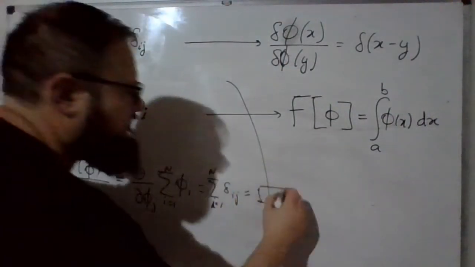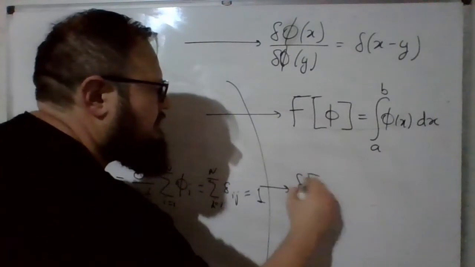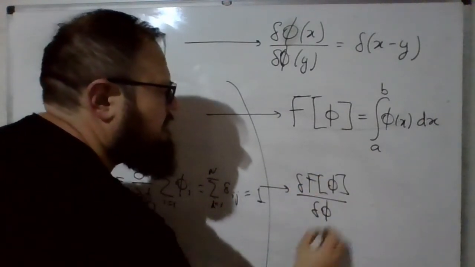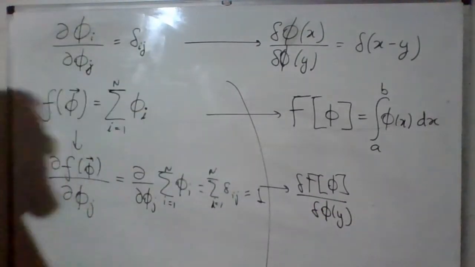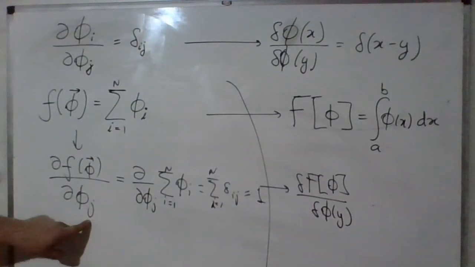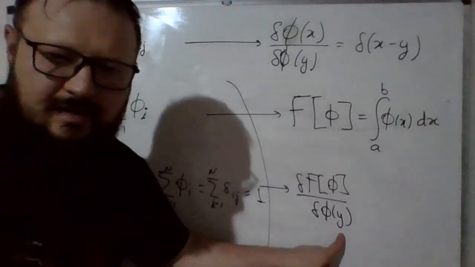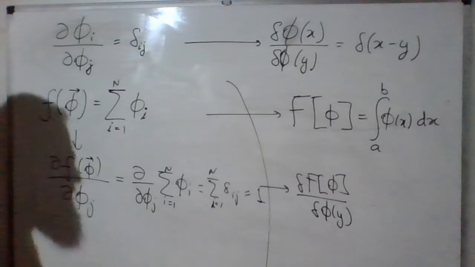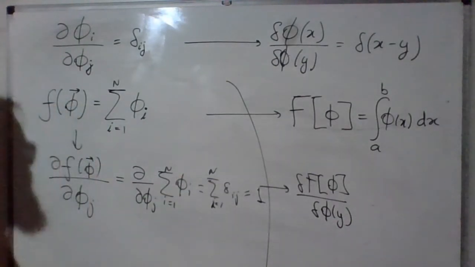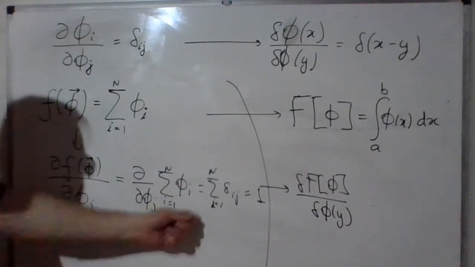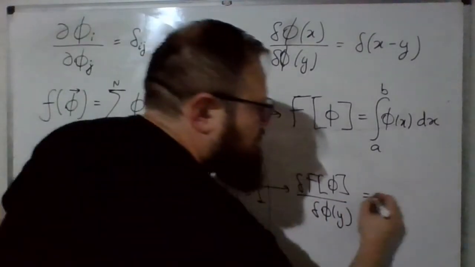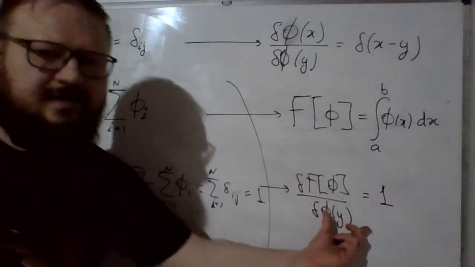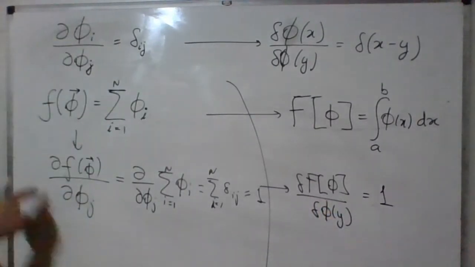And the derivative becomes a functional derivative. Instead of j, I have y, which is a continuous index or a continuous variable or a continuous parameter. And in this case, it produces 1. So it's the corresponding equation for this one.